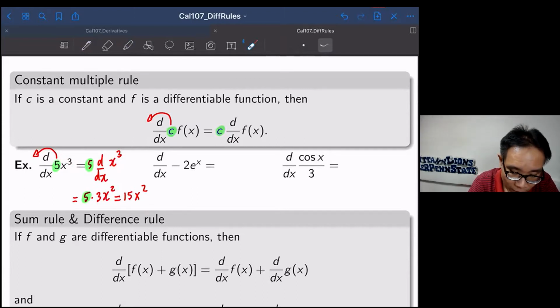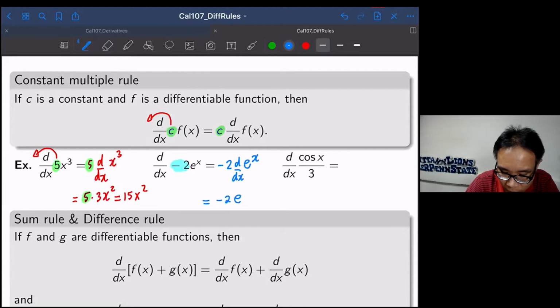The next one, you see that you have a multiple of negative 2. You may just ignore negative 2, so you get negative 2 times d/dx of e to the x. So in this case, it's going to be negative 2e to the x.